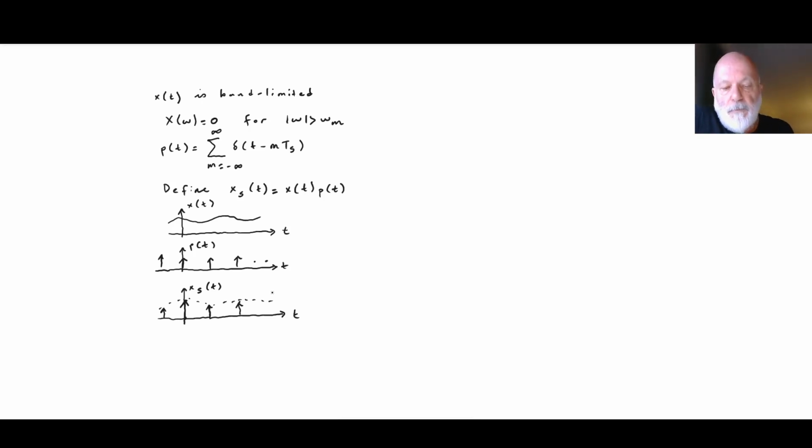So we have these impulses weighted by the values of x of t at the points where the impulses strike.